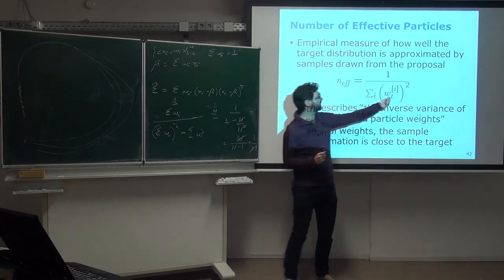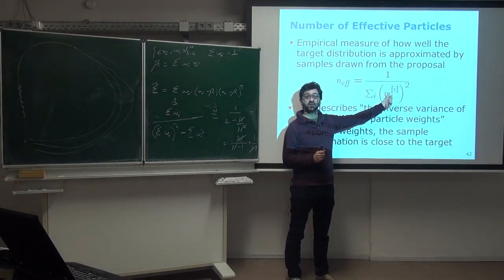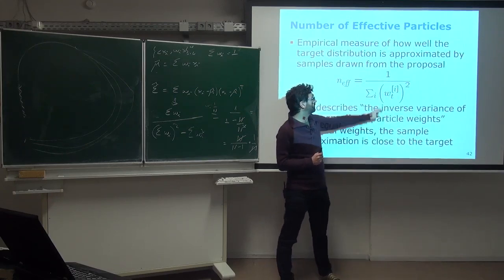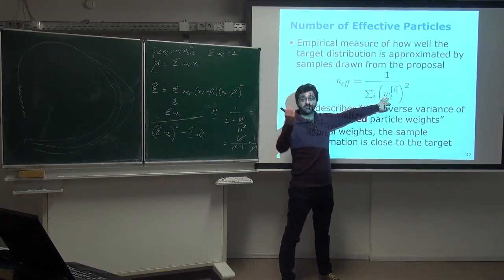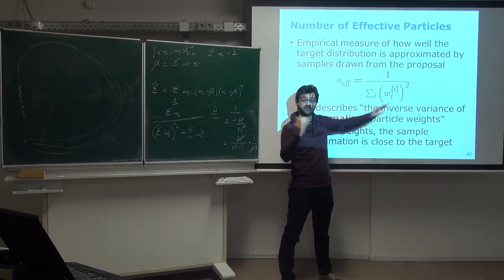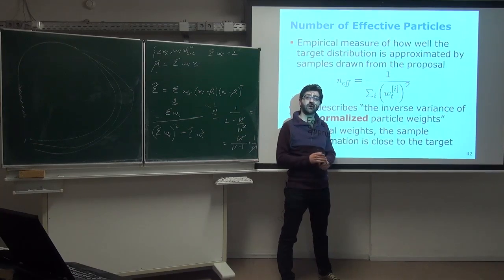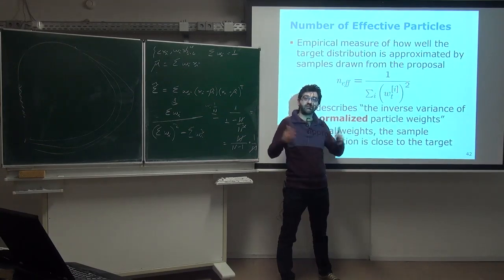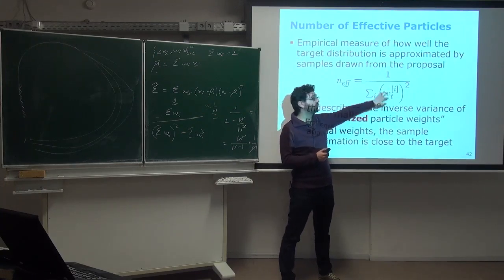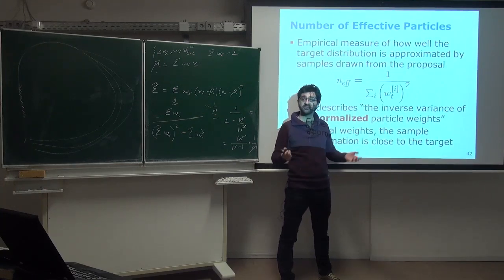The reason here is that imagine you have a lot of particles or samples with a low weight, okay? Since these are normalized, each is very close to 0, because the sum of them must be 1. They all have roughly the same weight, so each will be around 1 divided by the number of samples that we have.